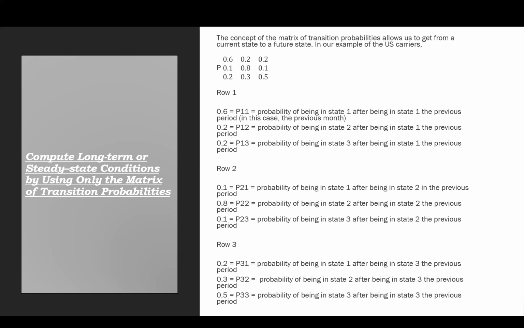This means changing from Verizon to AT&T the next month or the next period. And then we have 0.2, which is the probability of being in state 3 after being in state 1, changing from Verizon to T-Mobile. In rows 2 and 3 of the matrix, you can see the same for the other companies. Next slide, please.